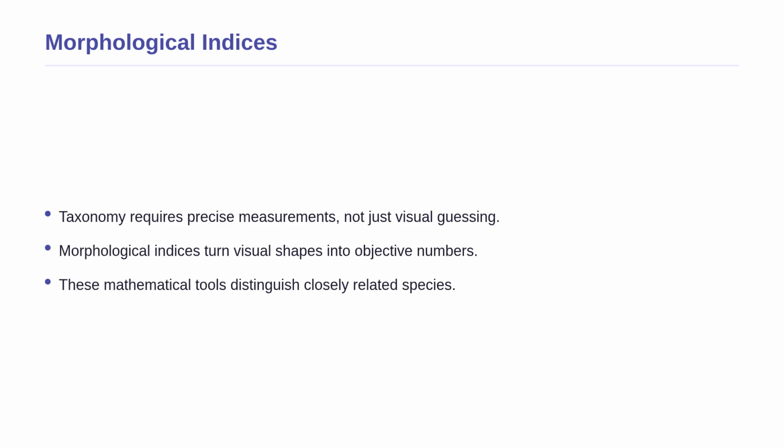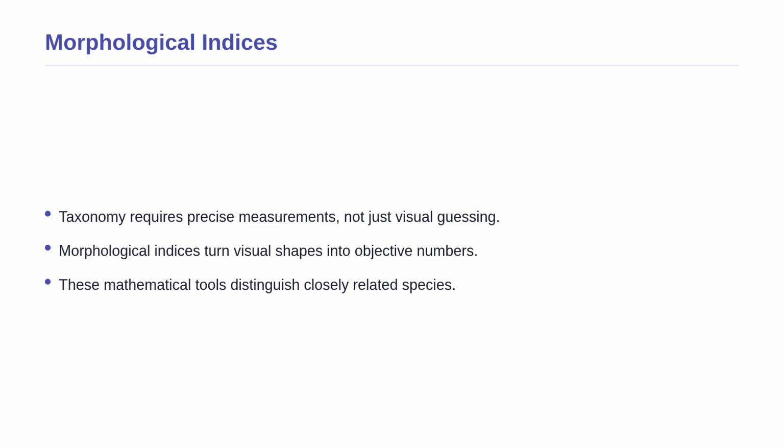Understanding the high stakes involved, we realize that we cannot rely on mere visual estimates. In taxonomy, we do not just look at insects and guess, we measure them precisely to distinguish between closely related species. This brings us to a common mathematical tool used in insect identification known as a morphological index.